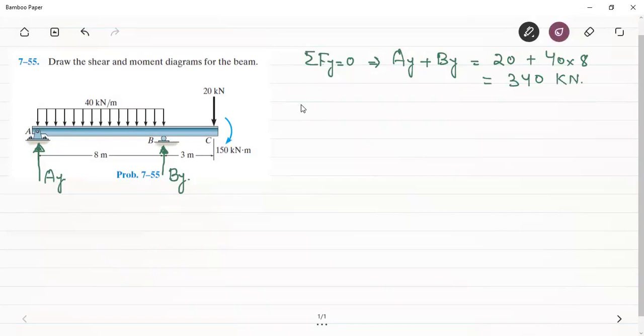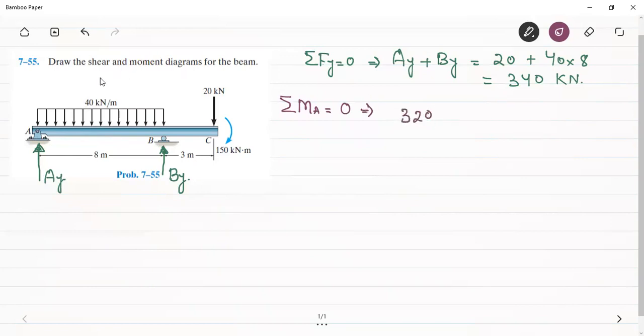Also, the summation of the moments about any point should be 0. Let's calculate the moments about the hinge. So this gives us that the moment due to this vertical reaction AY about the point A will be 0. Now this distributed load will create a moment. The load is equal to 320.